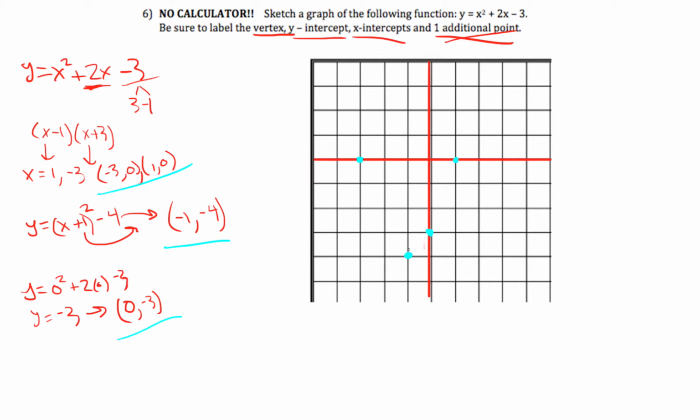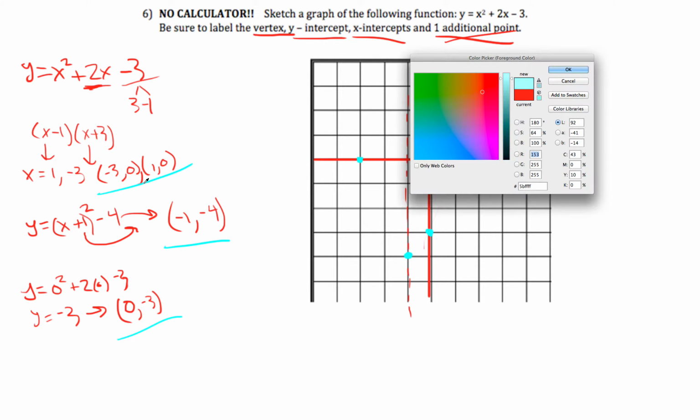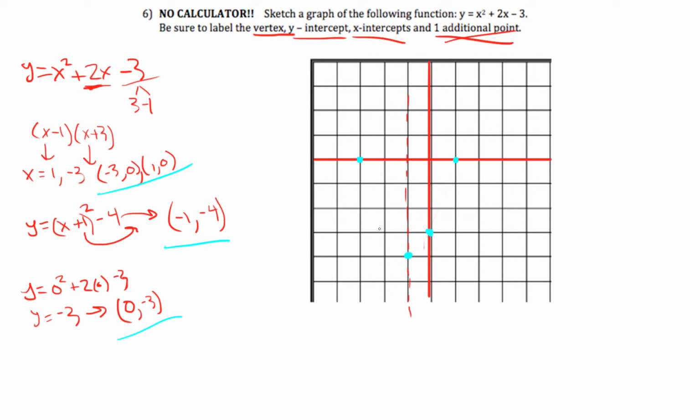Because one of the cool things about a quadratic function is that it has an axis of symmetry, which means since I have my axis of symmetry running right through the vertex right there, since I've gone to the right 1 and up 1 to get to that point from that point, I know that the other point, which I'll mark, has to be on there as well, because quadratic functions have symmetry, which is super cool.